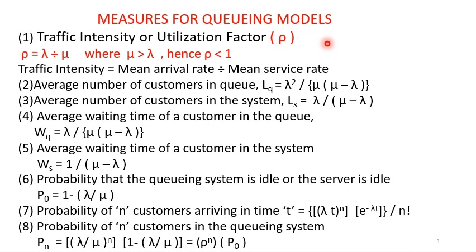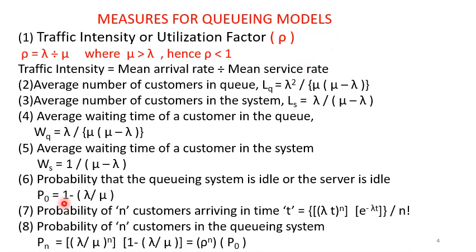Now if a question is asked, what is the probability that the system is idle, or that there are no customers in the system, that will be 1 minus 0.8, which is 0.2 or 20%.